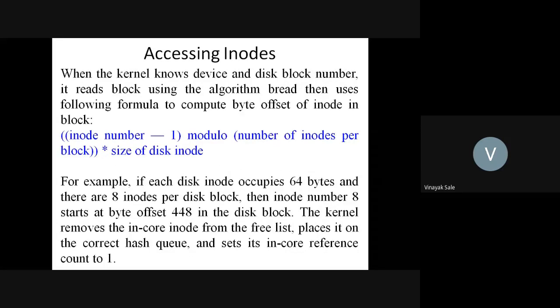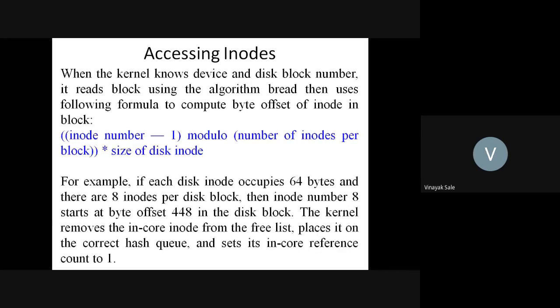When the kernel is given the device and disk block number, it reads the block using the buffer read algorithm, that is the bread algorithm. Then it uses the following formula to compute the byte offset of the inode in this block: (inode number minus 1) mod number of inodes per block.